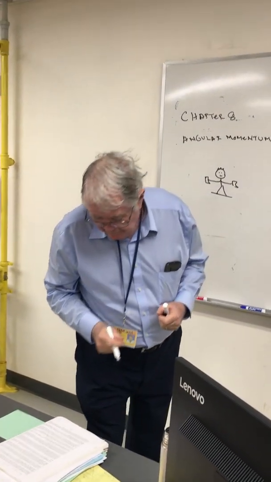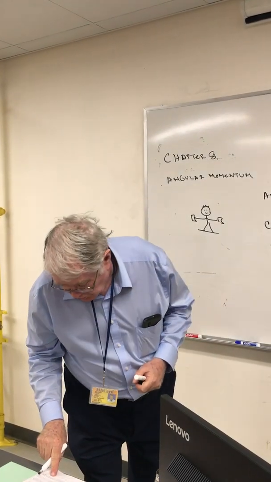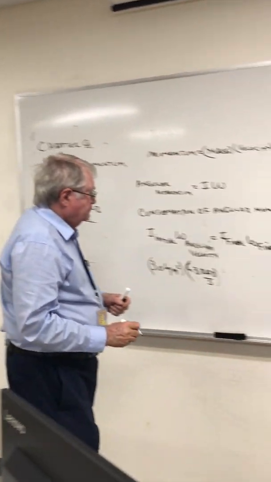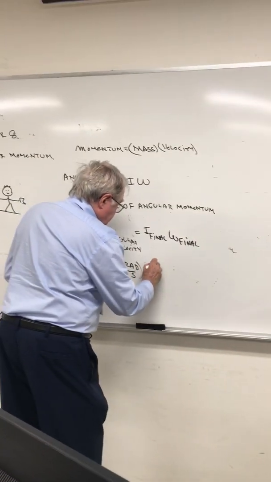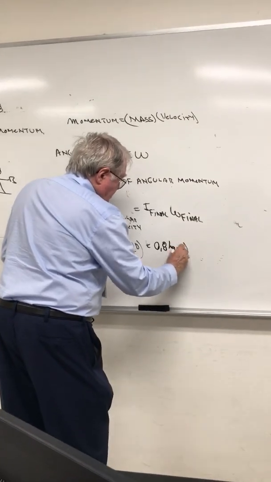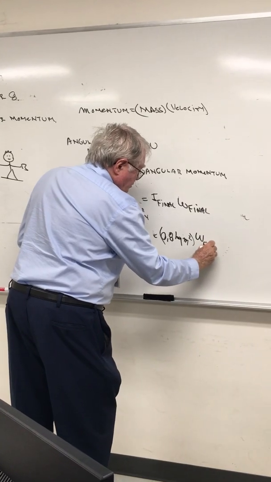Then she draws her arms in closer, and what happens is the r goes down, so the moment of inertia is also going to go down, and it says it decreases to 0.8 kilogram meters squared. And now what we have to do is figure out what the final angular velocity is going to be.